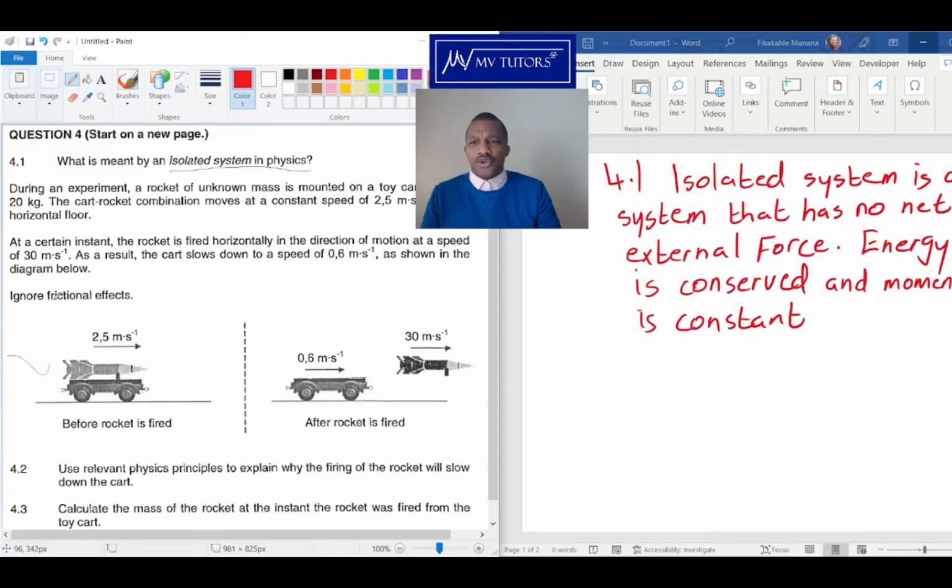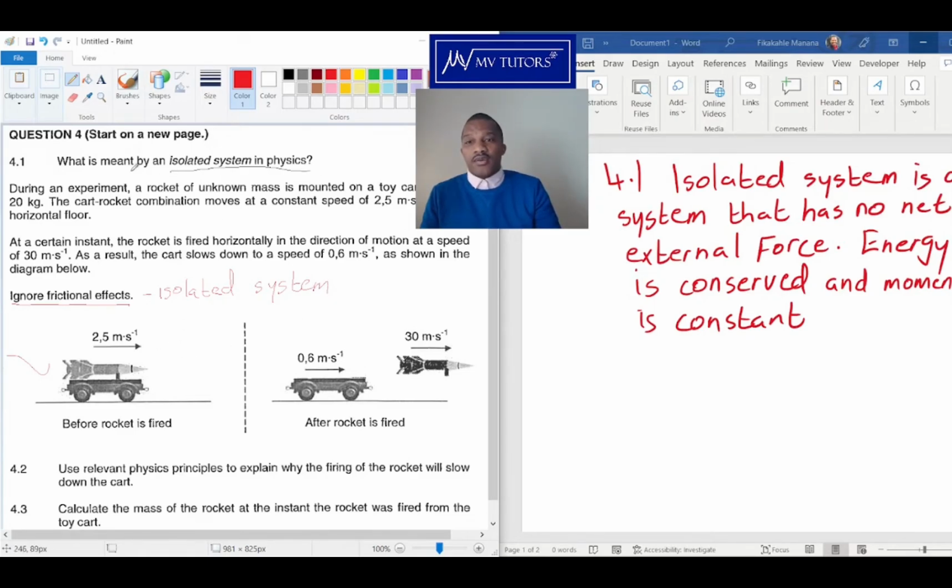Ignore frictional effects. So when they say ignore frictional effects, this is then an isolated system, because they're telling us to ignore external forces.